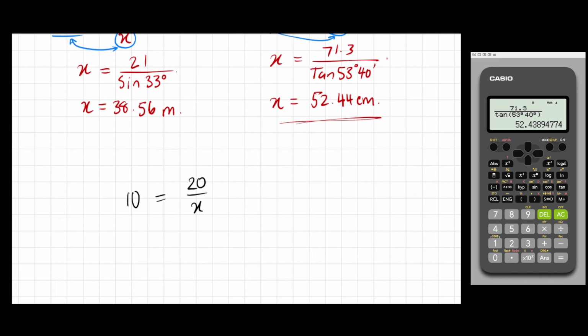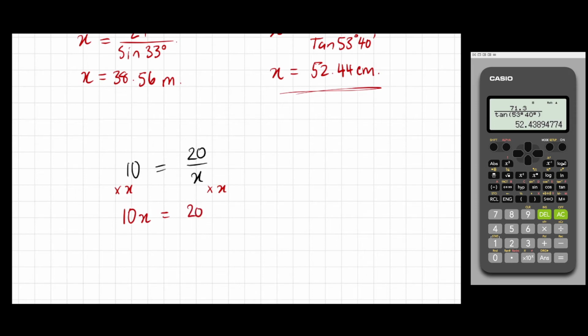So I'm going to multiply this side by x, and I'm going to multiply that side by x, okay? On the left-hand side, I get 10 times x, which is just 10x. And on the right-hand side, I get 20 over x times x, which I could rewrite as 20x over x, okay?